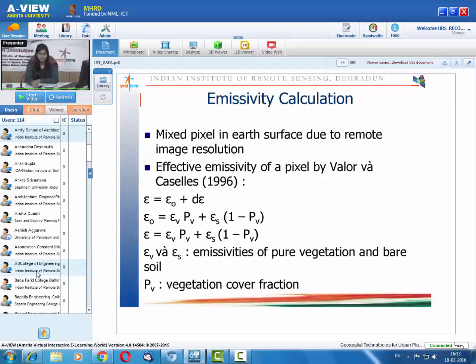How we are going to take out proportional vegetation and NDVI, that we will discuss in a later slide. So proportional vegetation is important for calculating the emissivity. DE, that is differential emissivity, is dependent upon a very small fraction of the surface property or the shape property of the material under consideration.